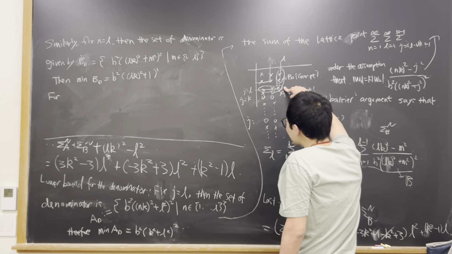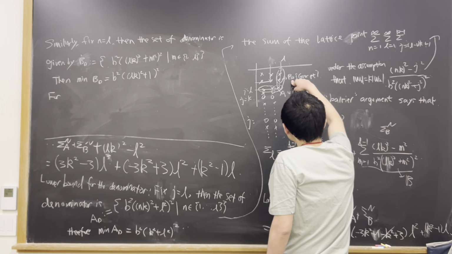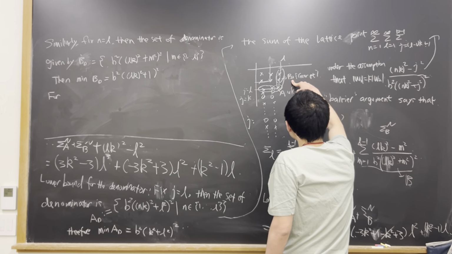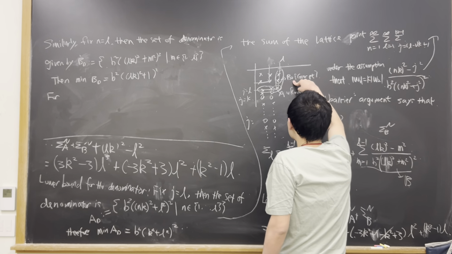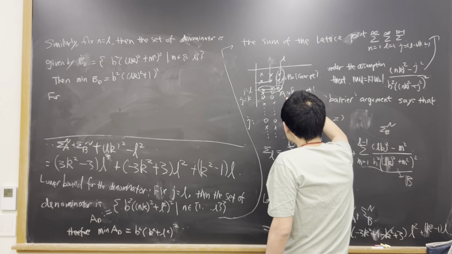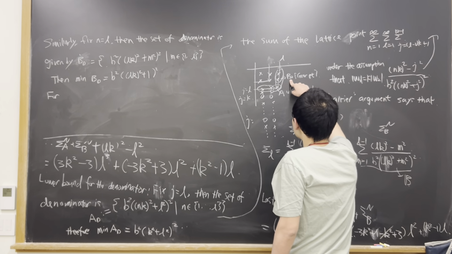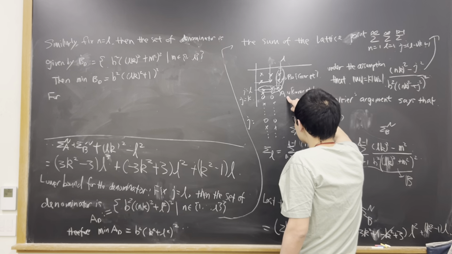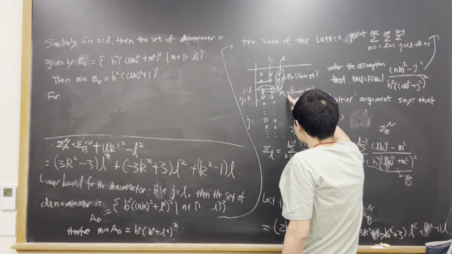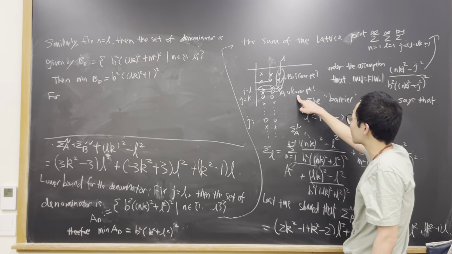The smallest element in the set must be less than or equal to the smallest element of this set, and also must also be less than or equal to this set, the A union the corner point.